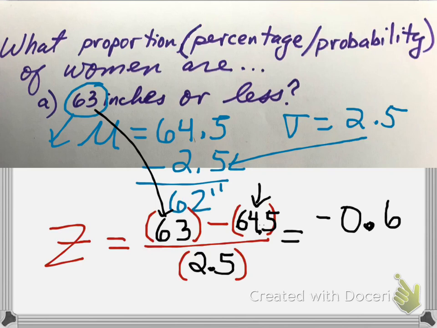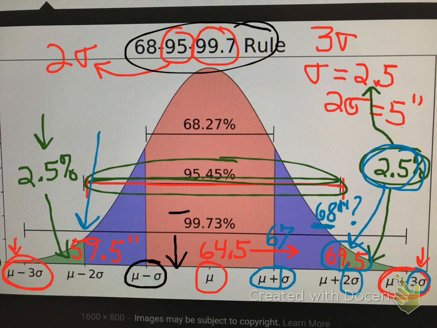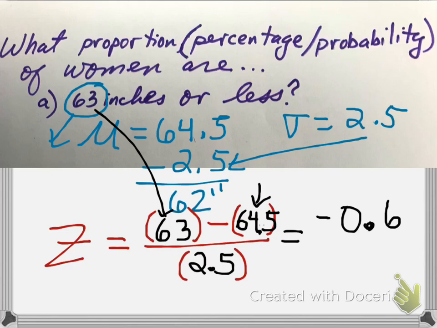So what this means is that 63 inches is 0.6, a little bit more than a half standard deviation away from the mean. It's not a whole standard deviation from the mean. This would be one whole standard deviation, about right here. But notice I can't use this rule with that because it's not a whole standard deviation. I got this little fuzzy area here.